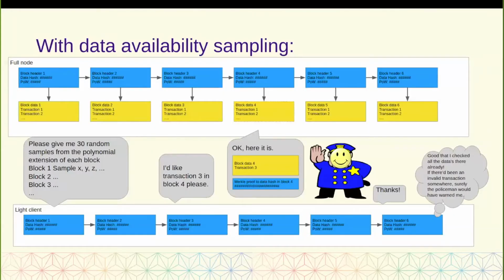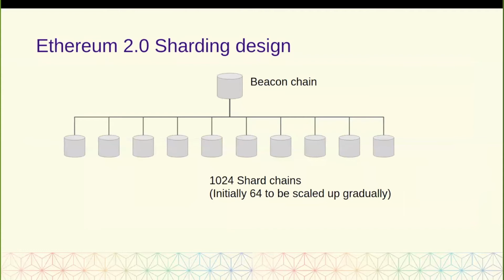Right. Okay. So now I'll come to why this is so important in the sharding design. So far we have talked about light clients, and people might be wondering, how does this concern me if I run a full node? But basically, in Ethereum 2.0, here's a very rough overview of how it works. We have this beacon chain, which is basically there to coordinate things.